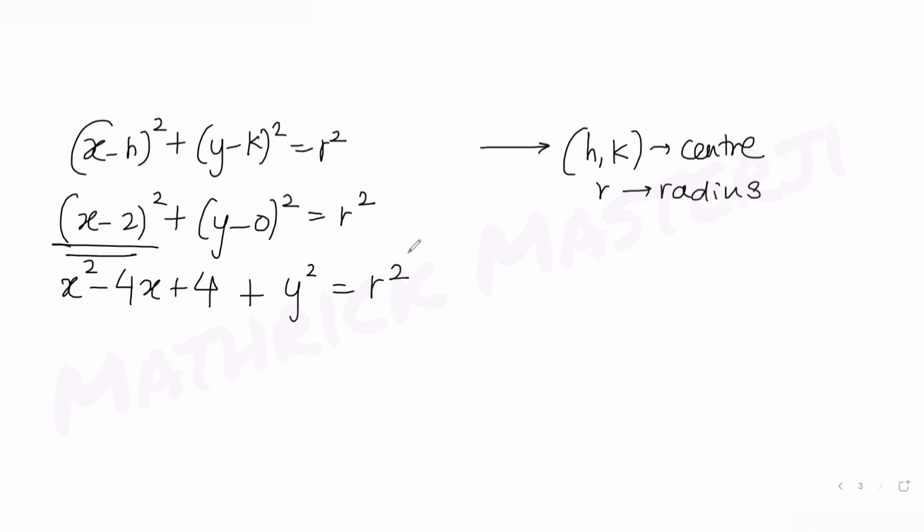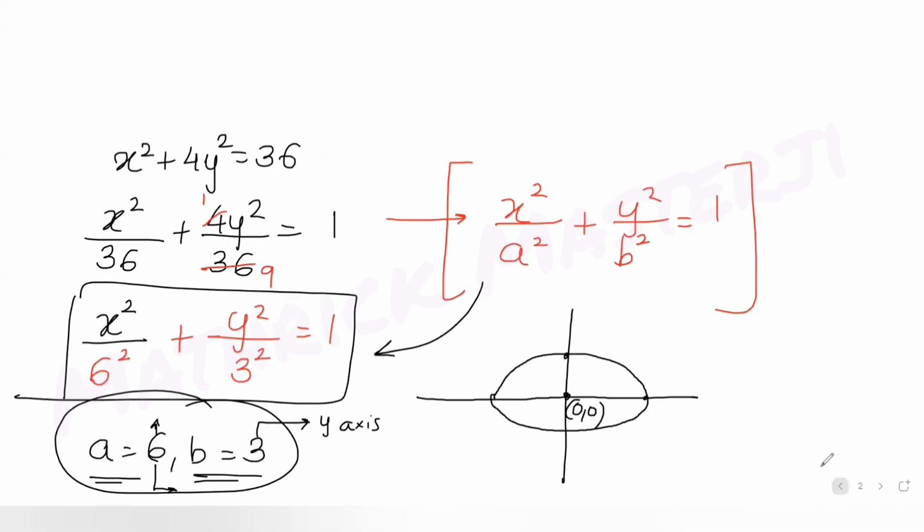Now we have this entire equation, and I need to find the value of r square. I have two variables, x and y, so I can convert the equation into one single variable. We have x square plus 4y square equals 36.